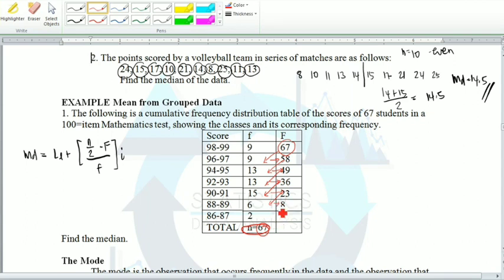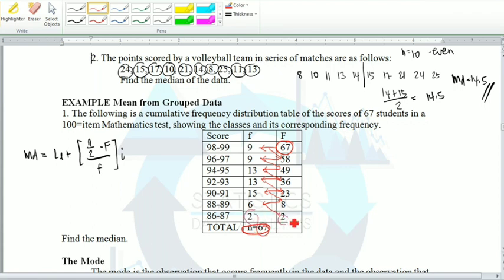And this one is reversed. This is the 67, which comes from the total n. Then 67 minus 9, so the answer is 58. Then 58 minus 9, 49 minus 13, 36 minus 13, and 23 minus 15, and so on. 8 minus 6, 2. And as you can see, they are equal here. Okay? So, that is less than cumulative frequency, class.